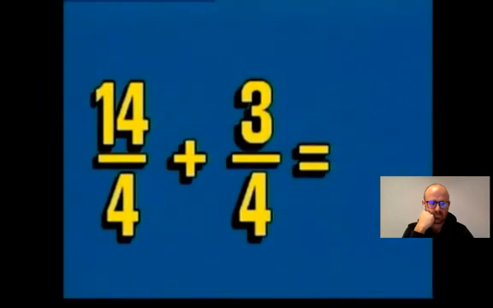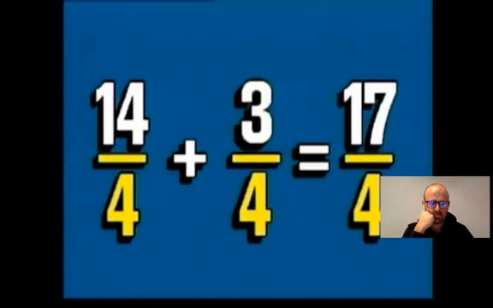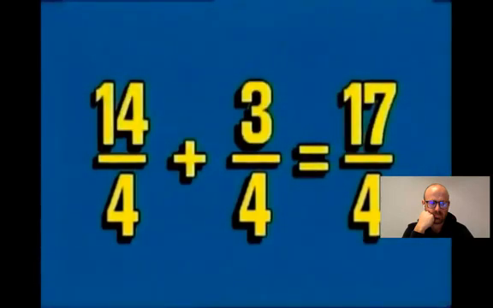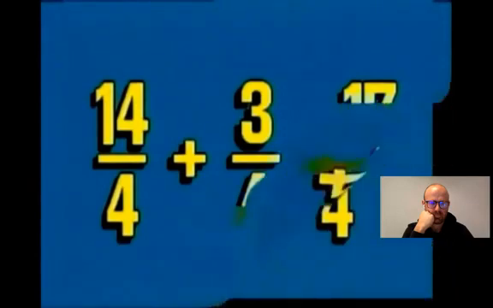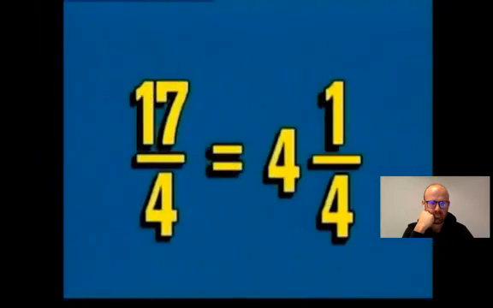We're ready to add. We keep the common denominator, 4. Then we add the numerators. 14 plus 3 is 17. The total is 17/4. Since 17/4 is an improper fraction, we must rename it like we learned in tape 2. 17/4 is equal to 4 1/4.